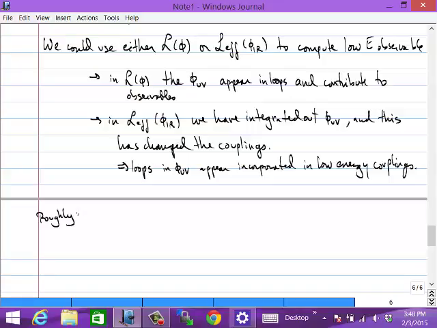So roughly, the effective Lagrangian, well, maybe I'll call it the effective action, so that I can explicitly include the loop variable, is going to be a function of my infrared modes. And, well, what do we expect?